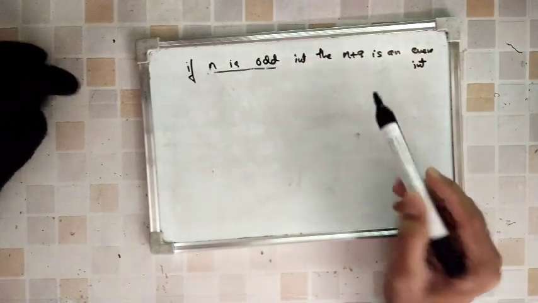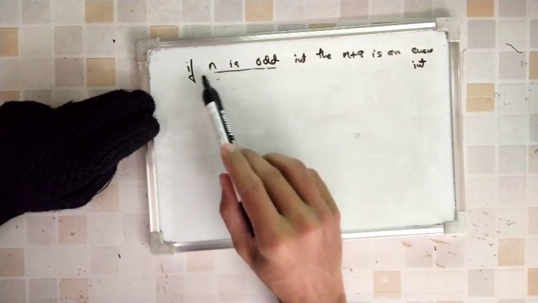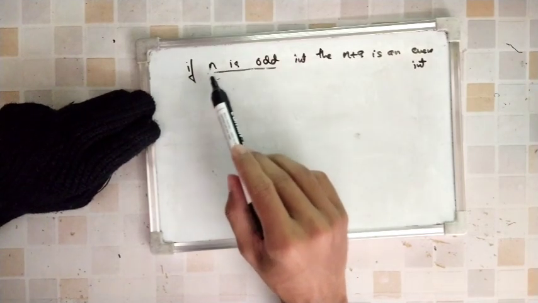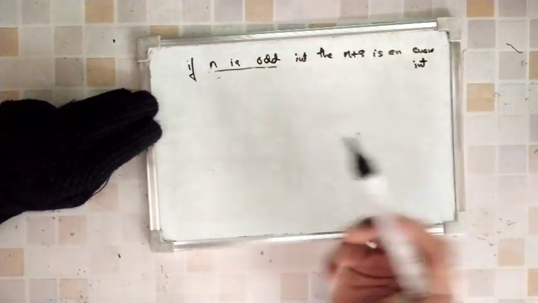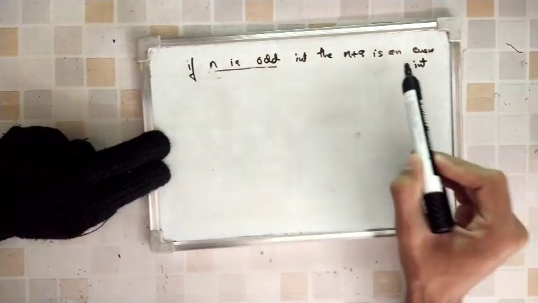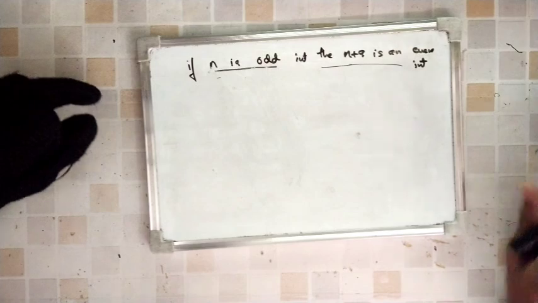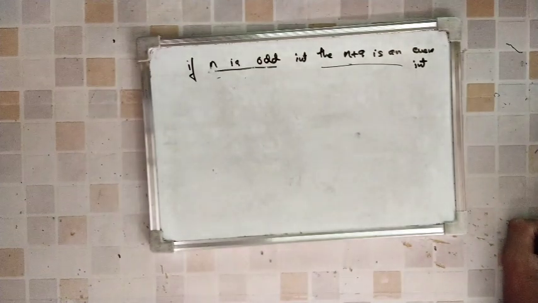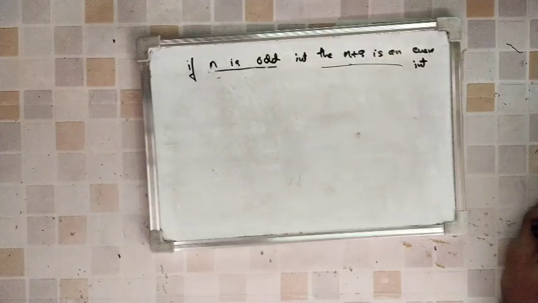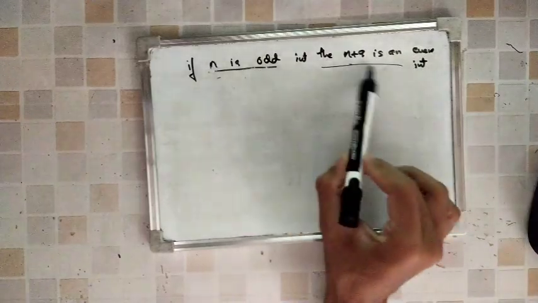In the question, what they have said is: if n is an odd integer, then n plus 9 is an even integer. From direct proof I showed that first we assumed n is odd, then I got n plus 9 is an even integer.